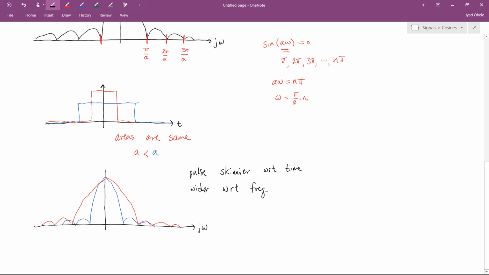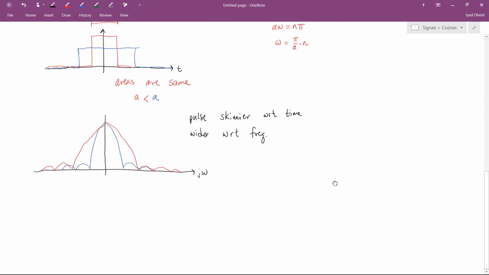If your signal gets skinnier with respect to time, that means it contains higher and higher frequencies. If you look at the red signal, you need higher and higher frequency cosines in order to match this very small pulse. You need higher frequency cosines to build that than you did with the blue pulse. And if you need higher frequency cosines, it stands to reason that the Fourier transform should be more spread out with respect to frequency so that you get more higher frequencies.